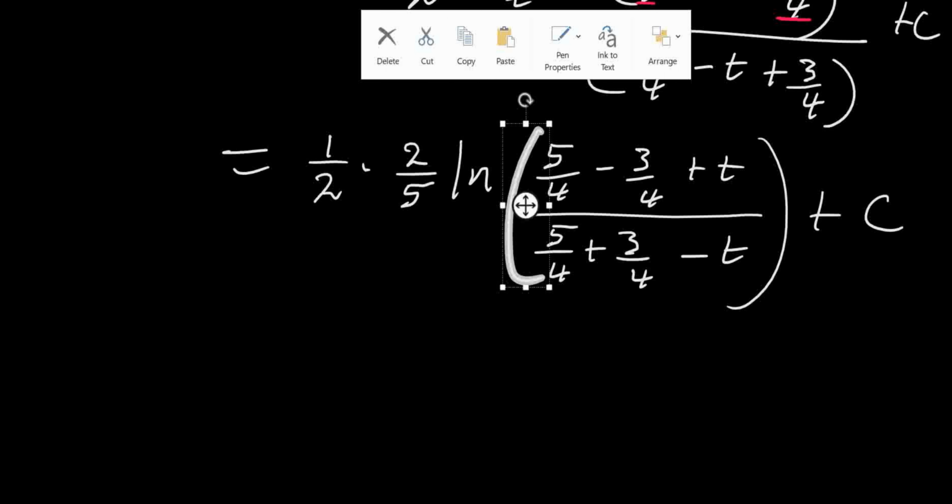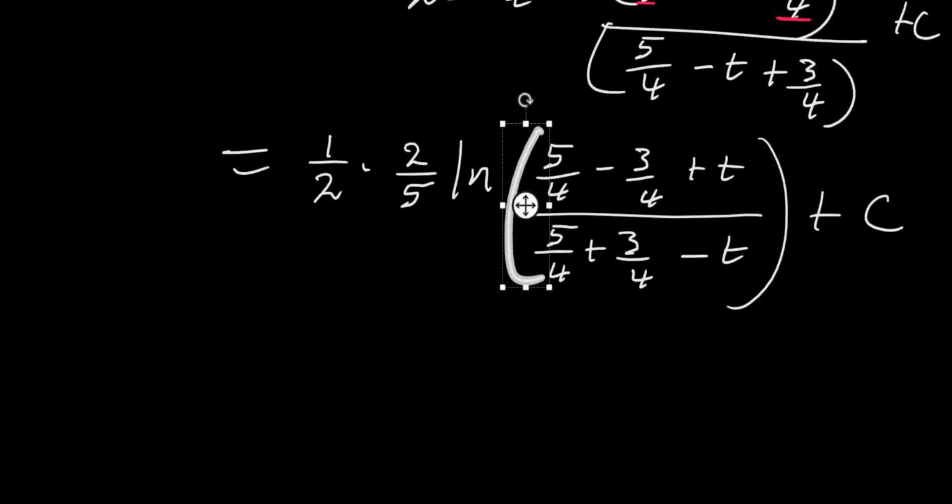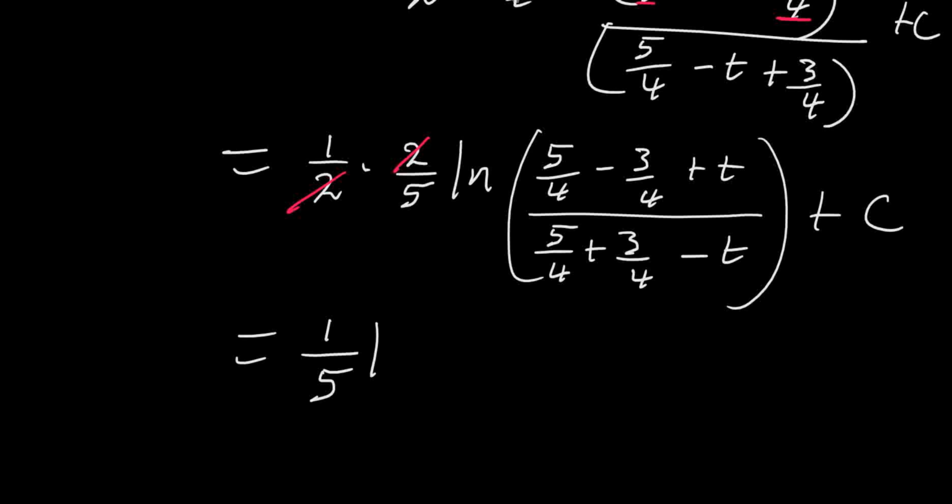So now 2 can simply cancel 2 from here, and this will be equal to 1 over 5. If we simplify this, that's going to give us 2 over 4, and that is equal to 1/2.